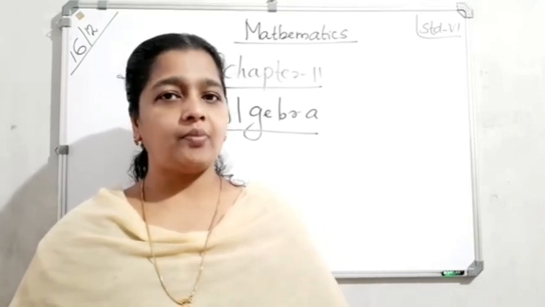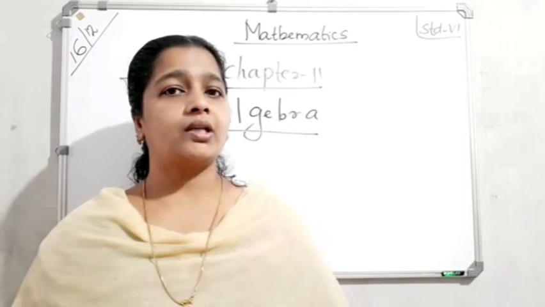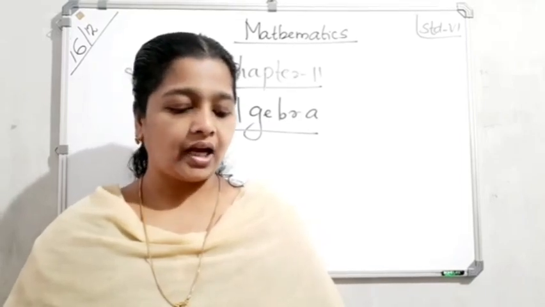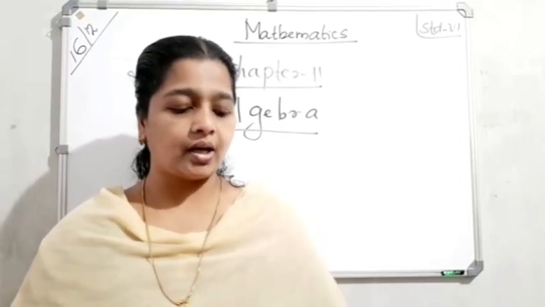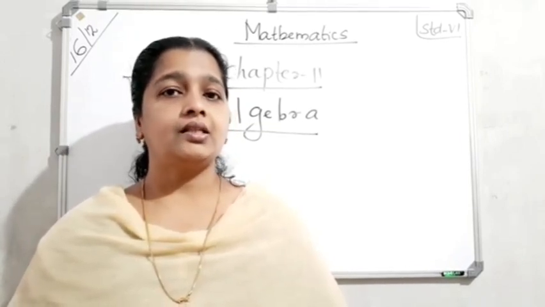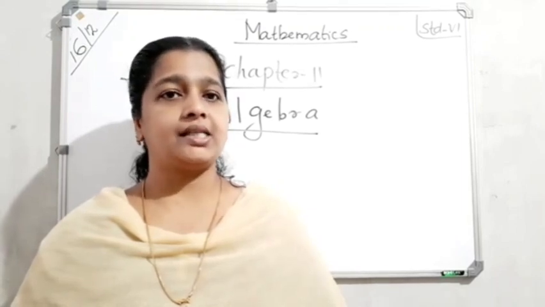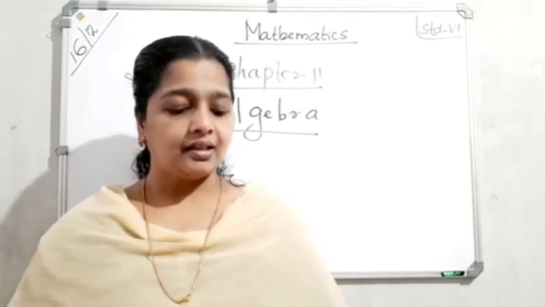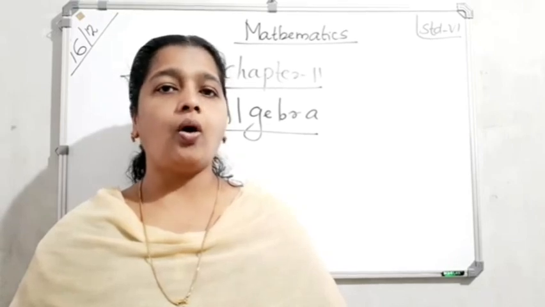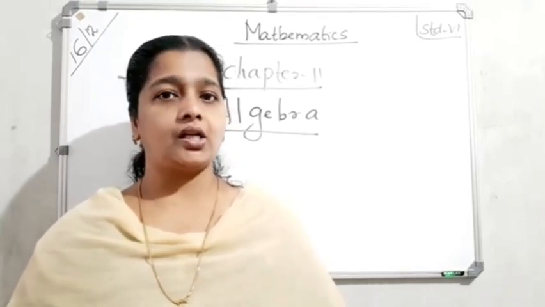Then shapes are also there, and we studied geometrical shapes. We learned numbers, operations on numbers and properties of numbers, like properties of whole numbers and natural numbers. Then we applied our knowledge of numbers to various problems in our daily life also.